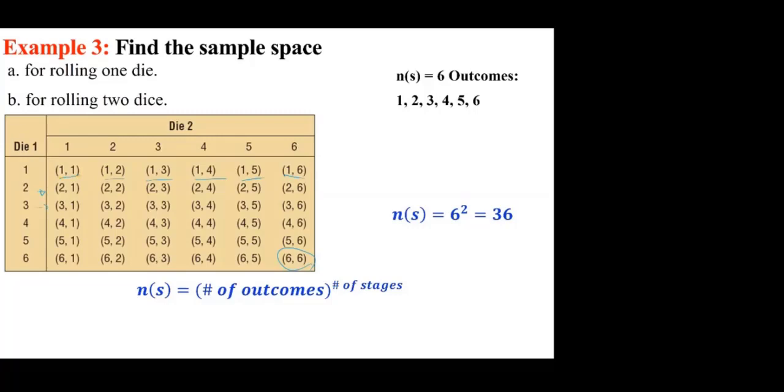You roll a die, there are 6 outcomes. That would be the number of outcomes in each stage. Now, to the power of the number of stages. What do we mean by number of stages? Well, 2 coins means 2 stages in essence. Or 4 birds, that means 4 stages. When you roll a die 5 times, that means the number of stages is 5.